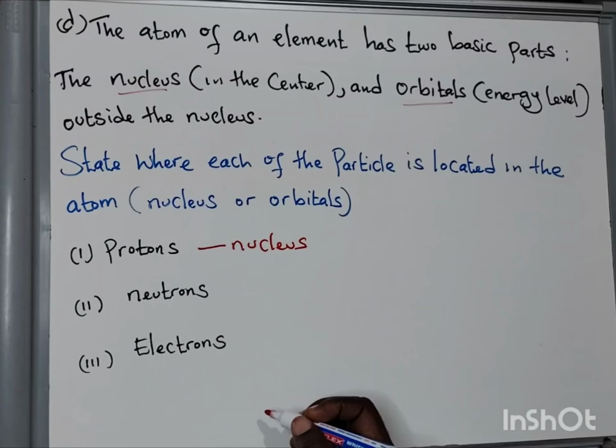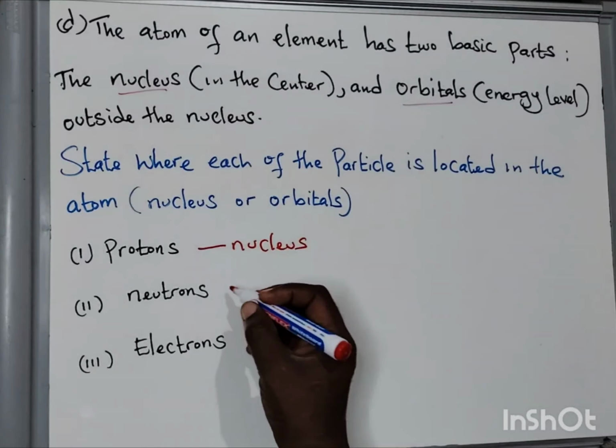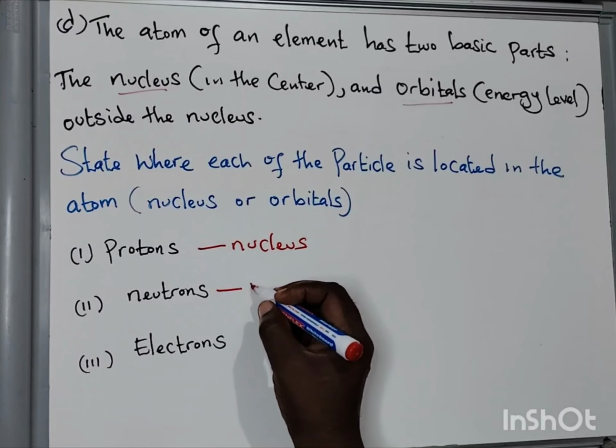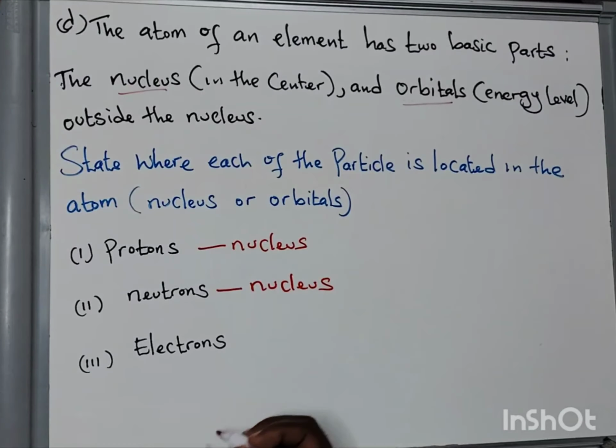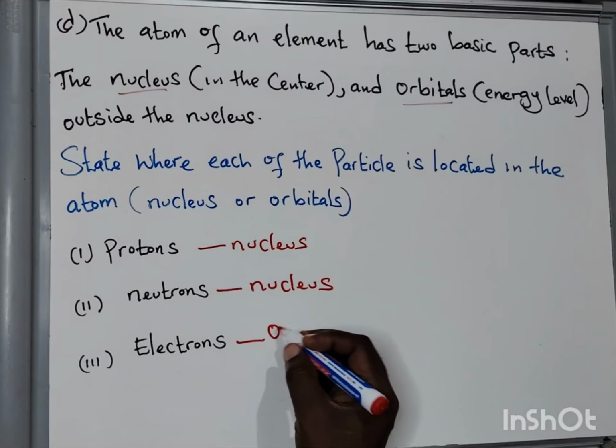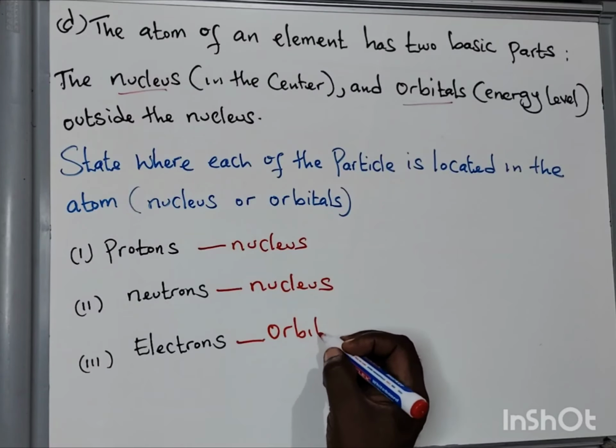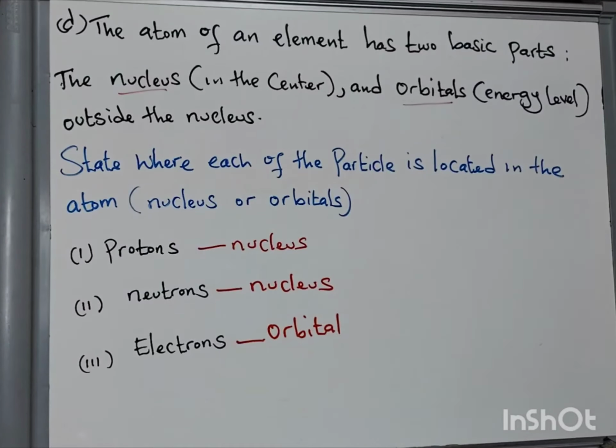Where do we find neutrons? We find them in the nucleus. Where do we find electrons? We find them in the orbitals. That's the arrangement. Inside the nucleus, there are 2 particles, protons and neutrons. And outside, in the orbitals, we find electrons.